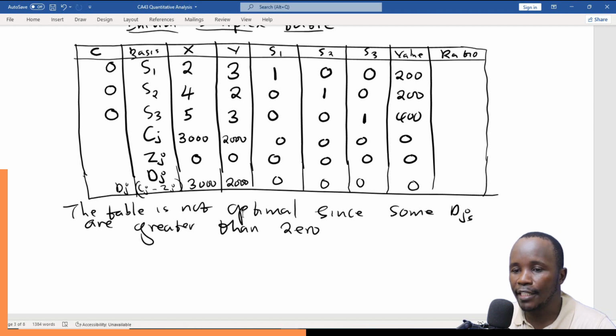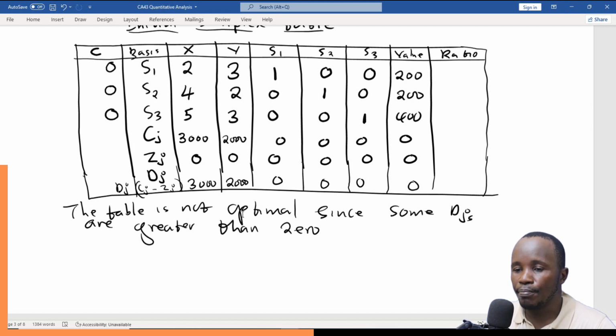Here, I've said Dj is Cj minus Zj. We have 3000, 2000, then 0, 0, 0, 0. Since we have 3000 and 2000, these values are not 0. We should be left with 0 or negative values along the Dj row so that we see that the table is optimal.